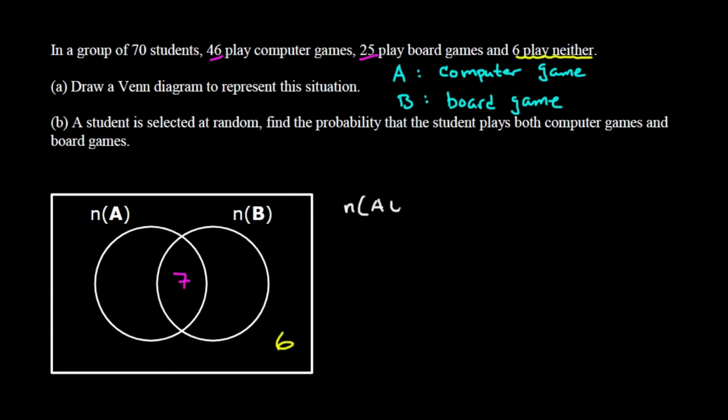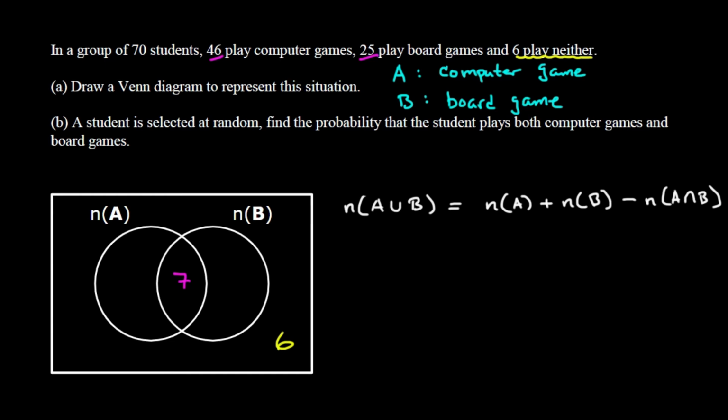So I'll just say the number of things in our union would be the number of elements in set A plus the number of elements in set B, and don't forget to subtract away the overlap, which of course is our intersection, which we just used some basic reasoning there to figure out that this is 7.